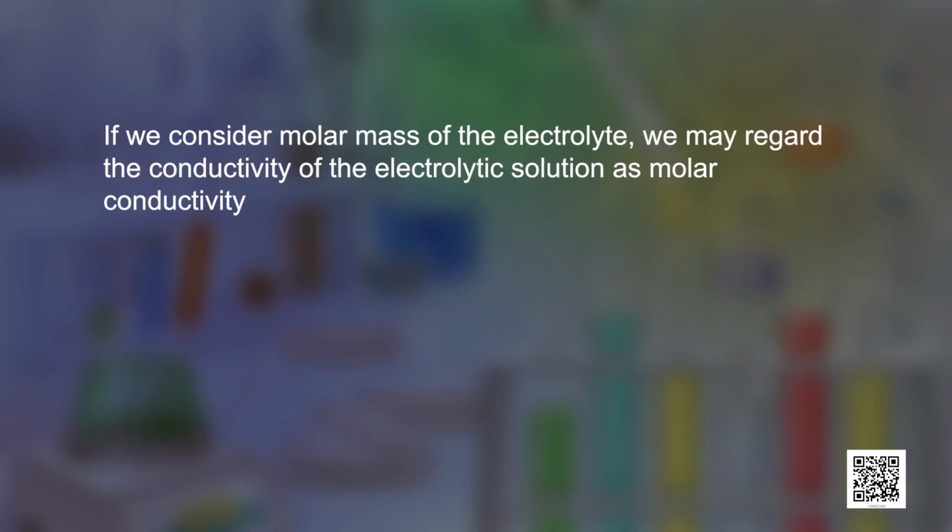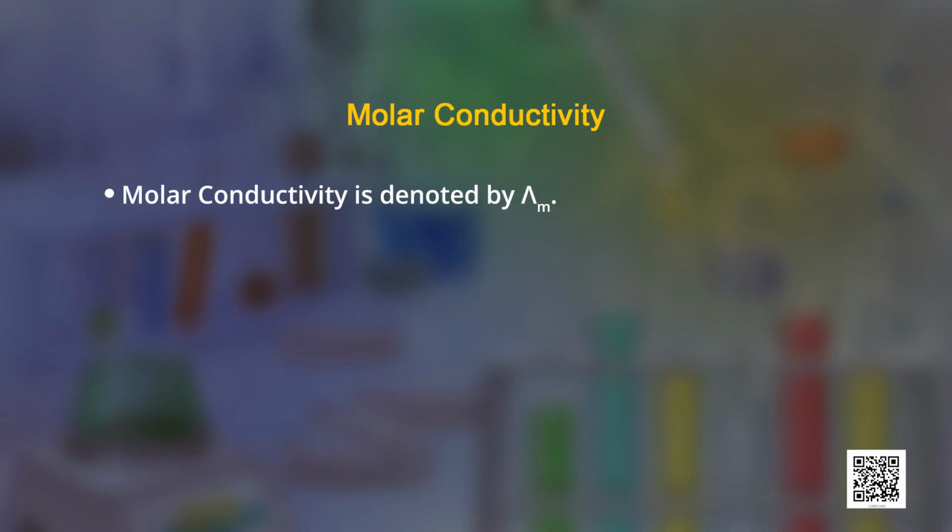If we consider the molar mass of the electrolyte, we may regard the conductivity of the electrolytic solution as molar conductivity. It is the conductance of all the ions produced by 1 gram mole of the electrolyte in solution and is denoted by lambda m.